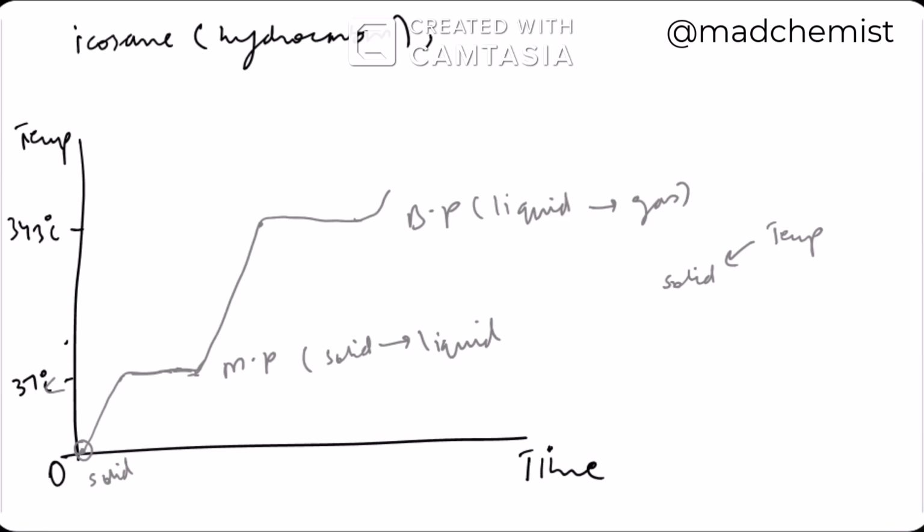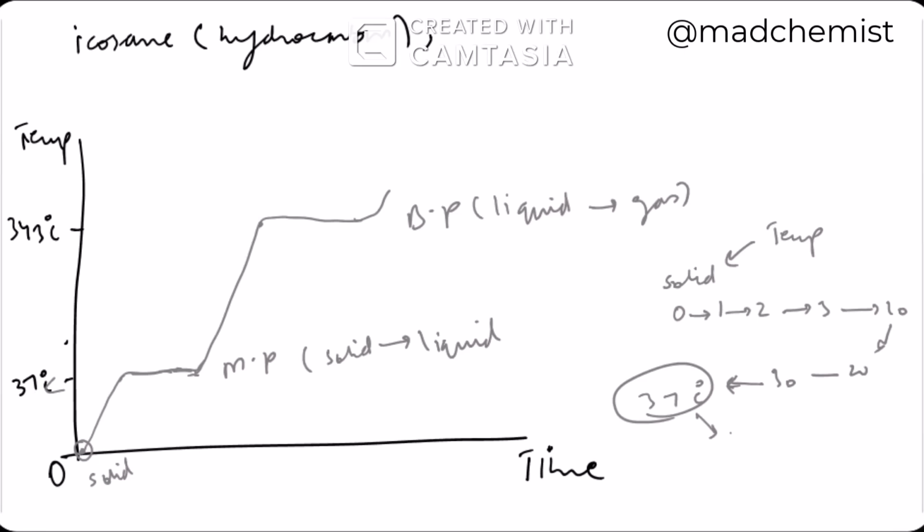So when we move from 0 to 1, 1 to 2, 2 to 3, 3 to 10 Celsius, and 10 to 20, and 20 to 30 Celsius, at all these temperatures, the solid particles absorb this energy and slowly make changes in themselves. So these slow changes accumulate, and at exactly 37 Celsius, the solid particles start converting into liquid form.